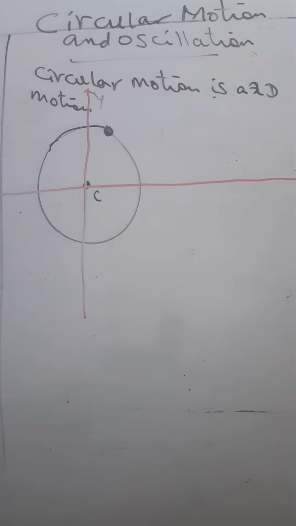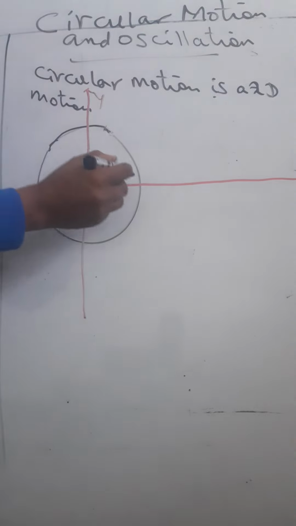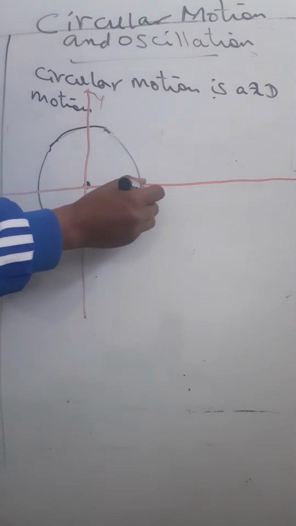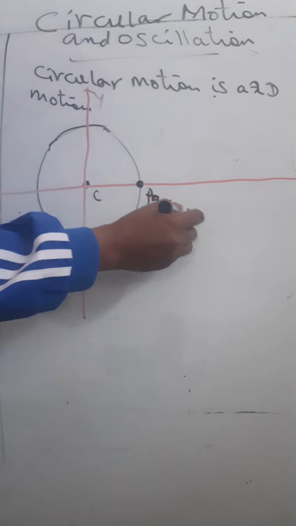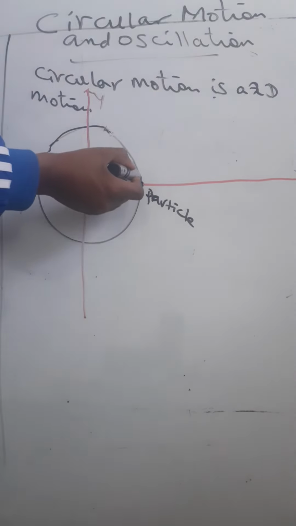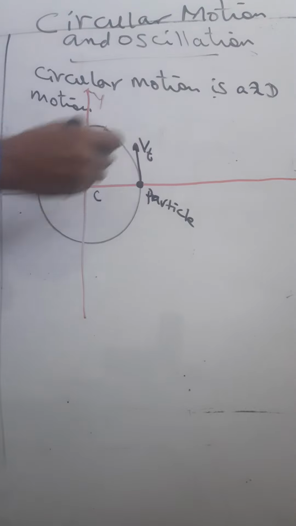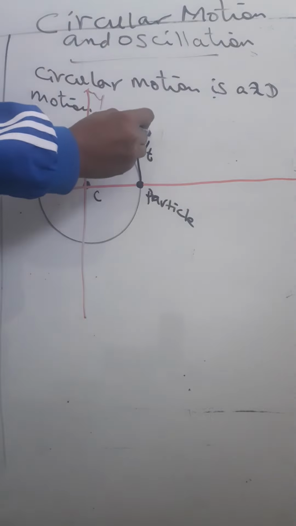Initially, the particle can be here, and let's say it is moving in this direction with some tangential velocity vt.